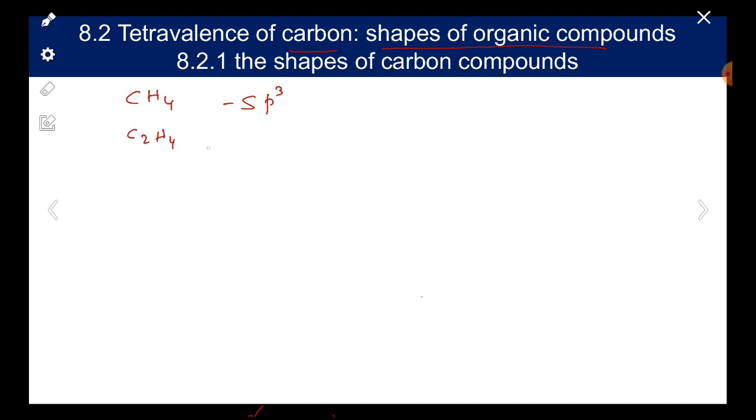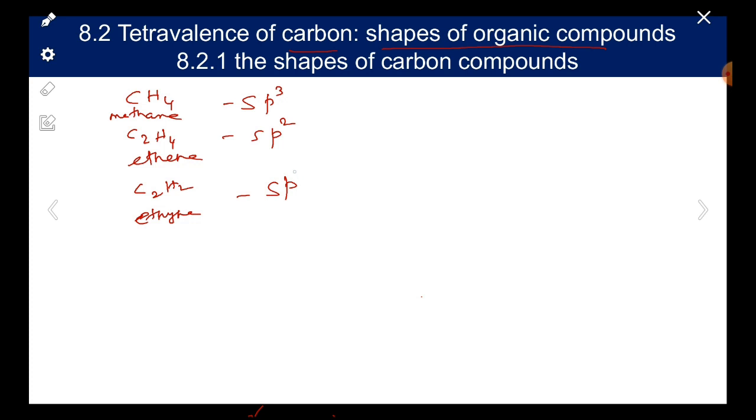and C2H4, this one is called ethene. This one is methane. This one is ethene, and it has a hybridization of sp2, whereas C2H2, ethyne, has a hybridization of sp, right?